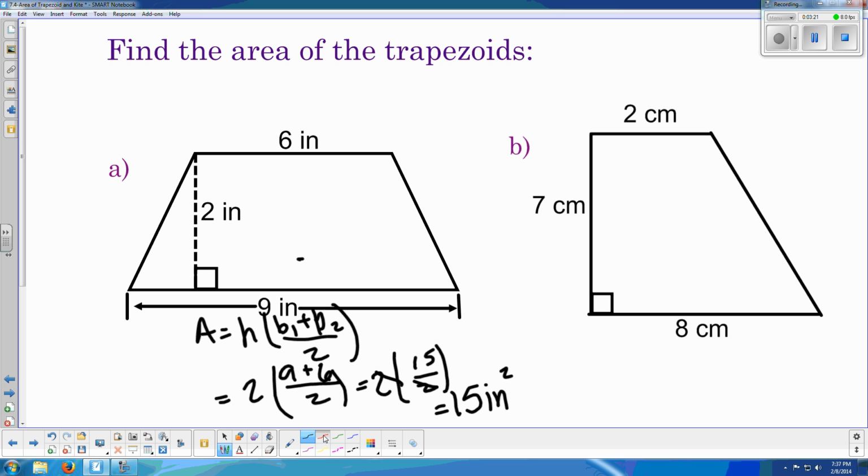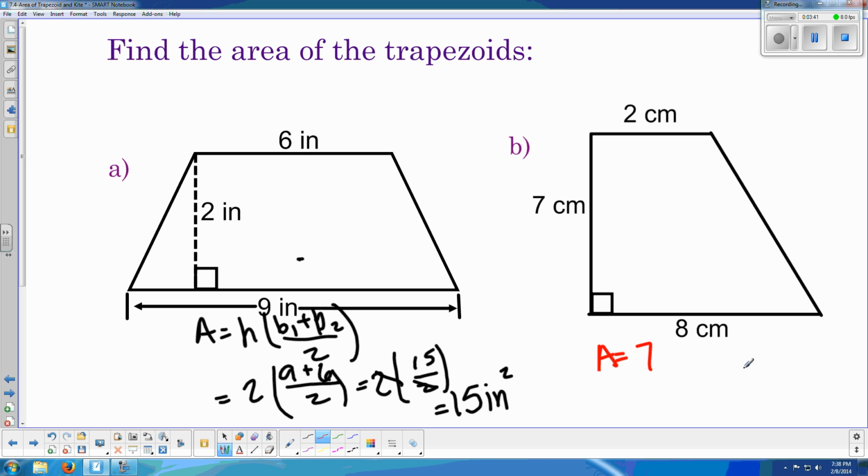Now, the next one, the nice thing about the next one is we have a right angle in our trapezoid. So my height is just going to be where my right angle exists. So now I'm going to have area equals my height, because I'm still using this formula over here, my height, which is 7.